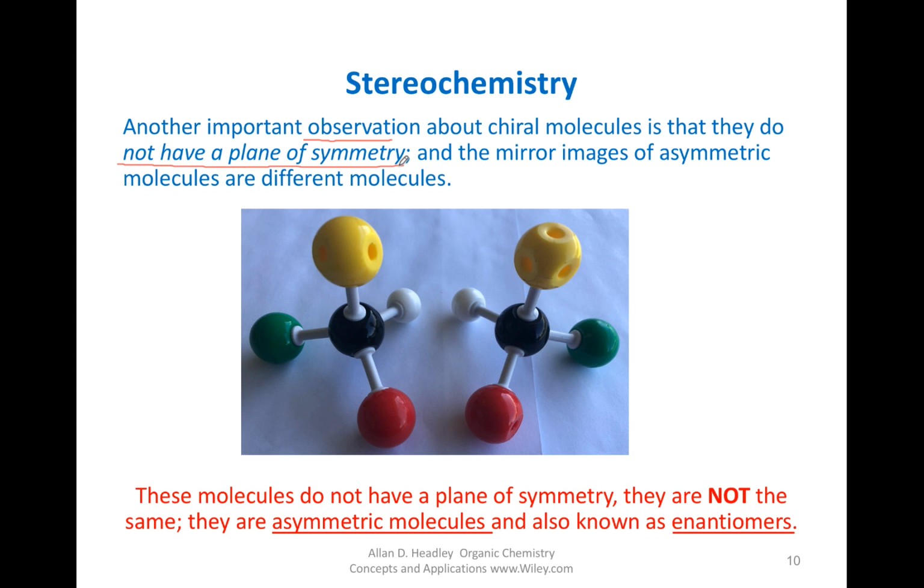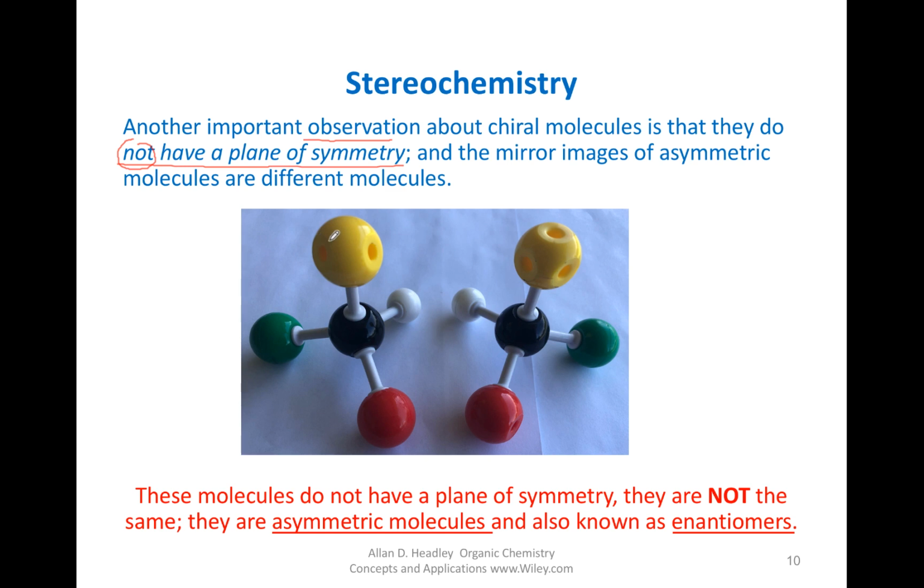And now the third is that they do not have a plane of symmetry. So again, you're getting all the tools to analyze a molecule that's very similar in terms of atomic arrangement and groups that are bonded to a carbon, to determine if they are the same or not.